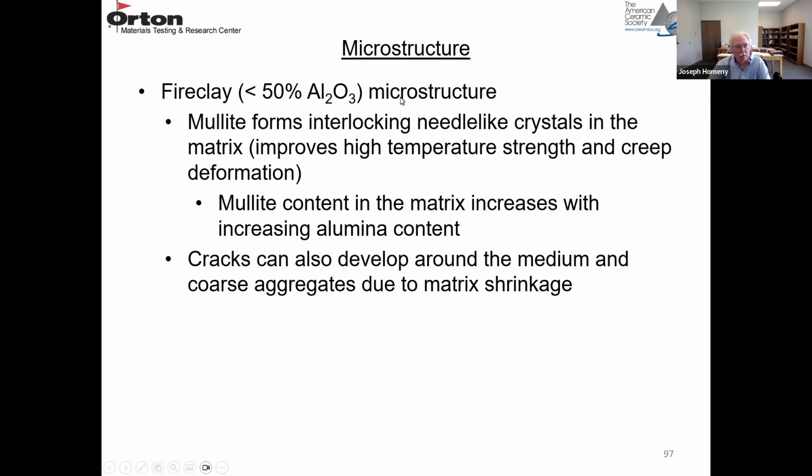And one thing about these fire clay refractories, there's thermal expansion mismatches. So cracks can also develop around the medium and coarse aggregates, not only due to thermal expansion mismatches, but due to shrinkage of the matrix. The matrix would be a raw clay, which would shrink away from the pre-fired aggregates.